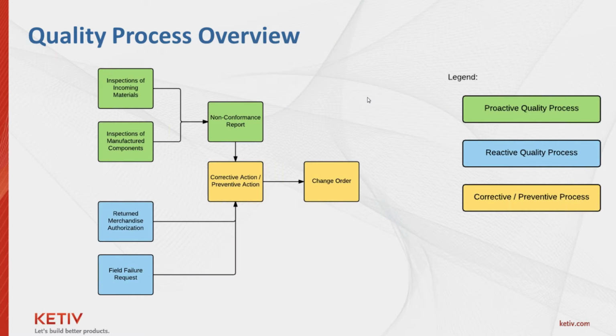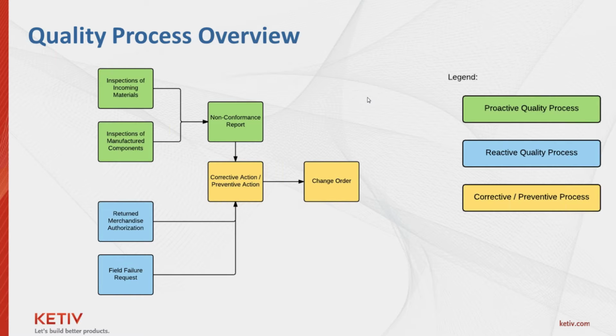Now, I wanted to divide the quality modules that we're going to talk about today into a couple of different buckets. Whenever we do inspections of parts that we make internally or parts that we receive from our vendor, we're trying to catch problems before they ever make it out to the customer. It's cheaper to us to find problems beforehand than to try to fix a problem afterwards.